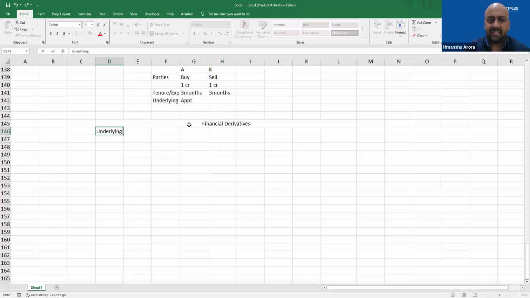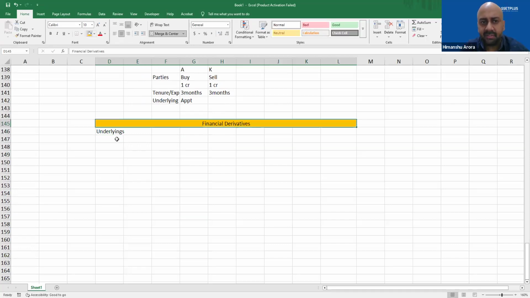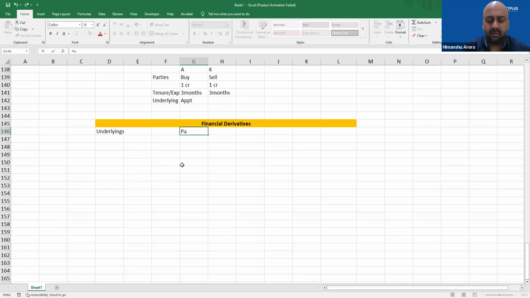Based on underlying assets, the derivatives can be of different types. So I would say the derivatives can be classified based on underlying asset, based on platforms, based on participants, and based on products.